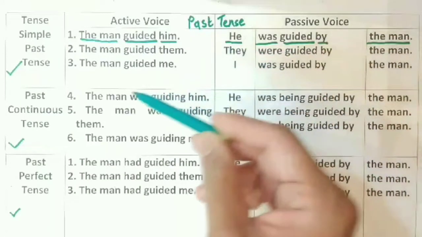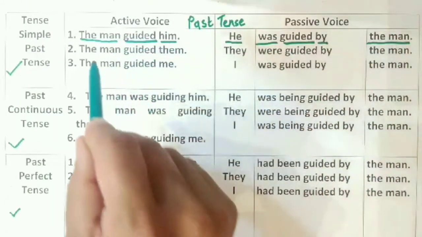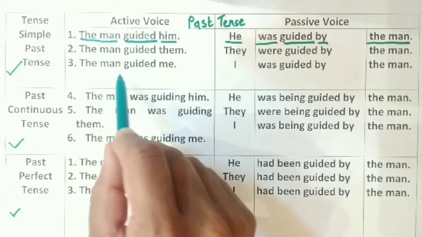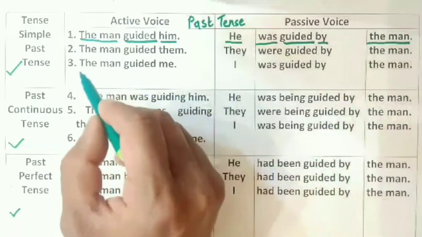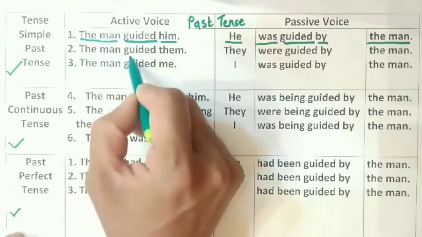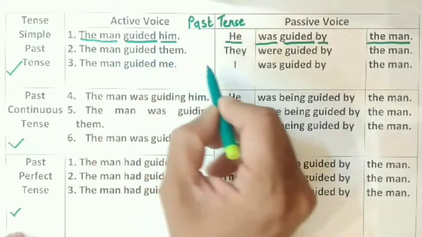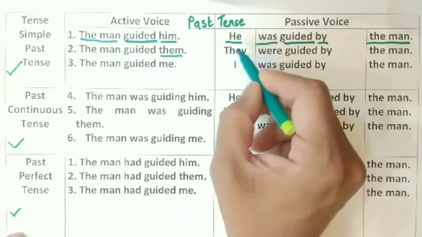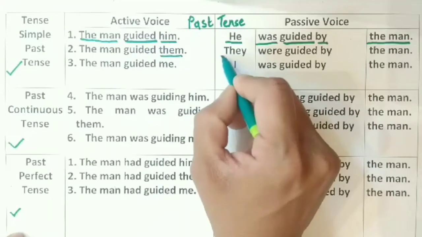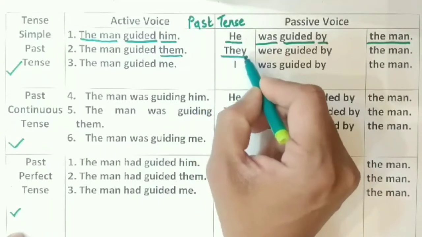In the same way, I have transformed the rest of the two sentences into passive voice. So here, second sentence, the man guided them. Here, the object is them. I have converted it into the nominative case, they.